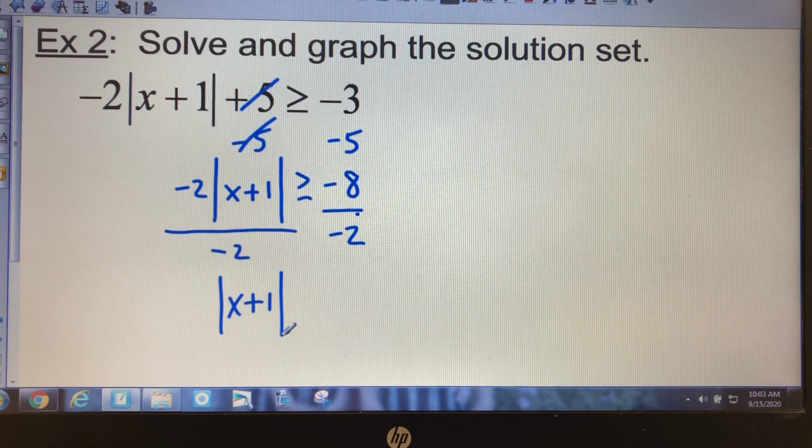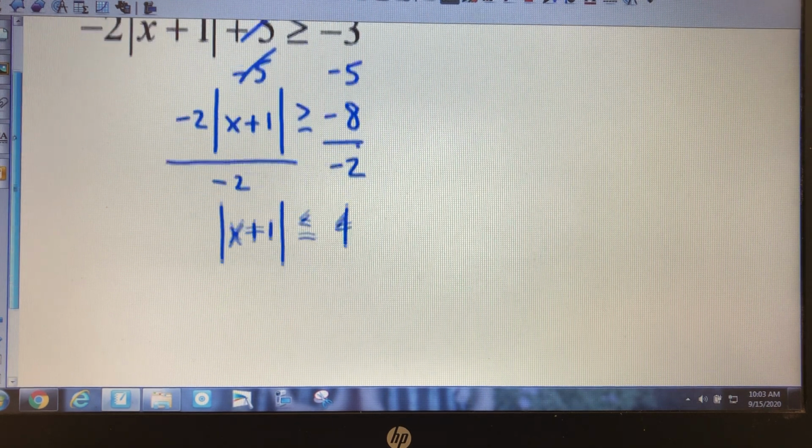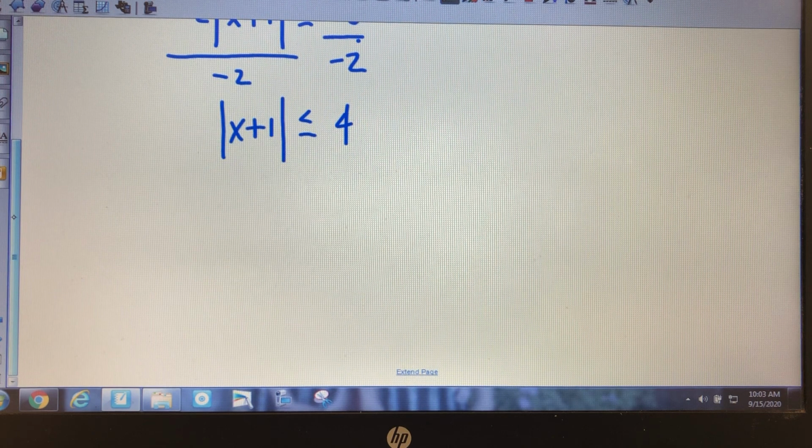Now again, we divide by a negative here, so we have to reverse that inequality sign. Okay, so that leaves us with the absolute value of x plus 1 is less than or equal to 4. So now we can go ahead and set up our two parts.